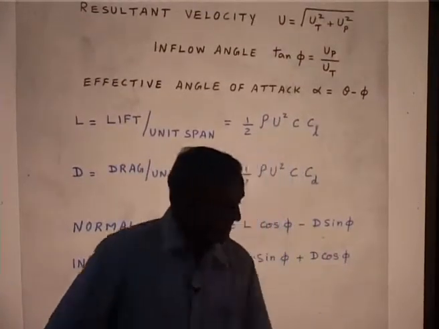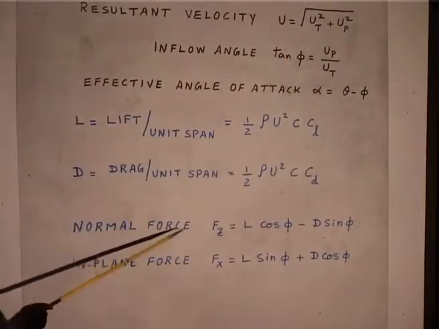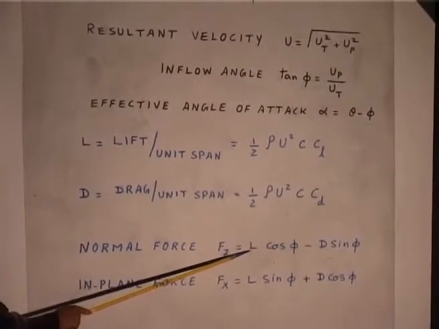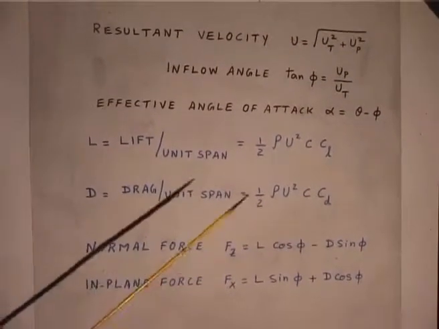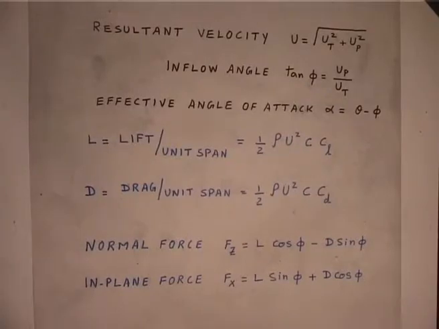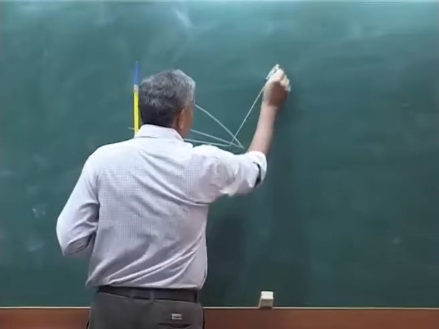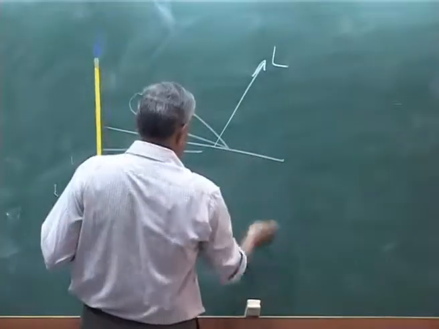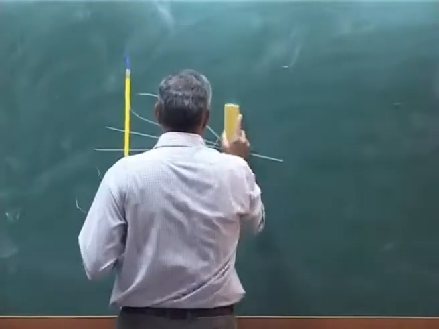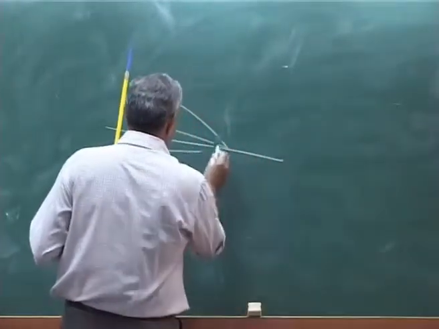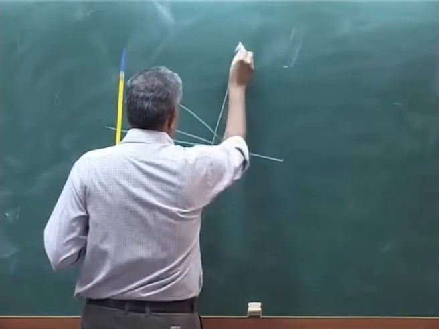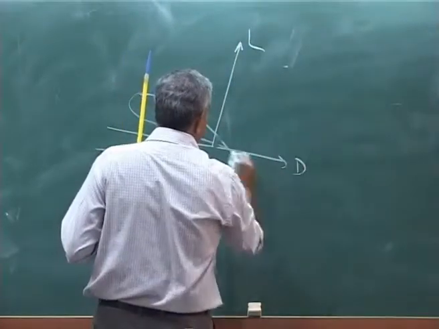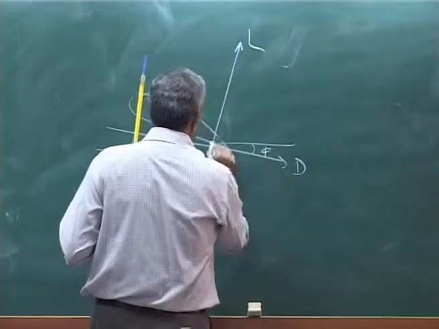I have written here normal force Fz is L cosine phi minus D sin phi, because you subtract, because the resultant is coming here, this is omega r. So, you have your L, okay, this is L, this is D, and this angle is phi.